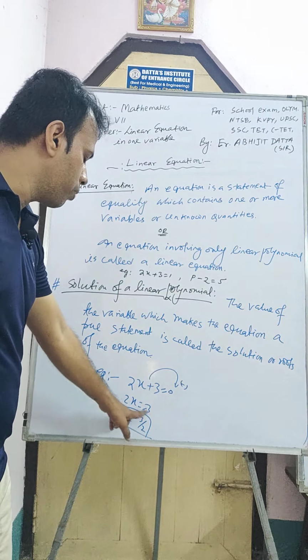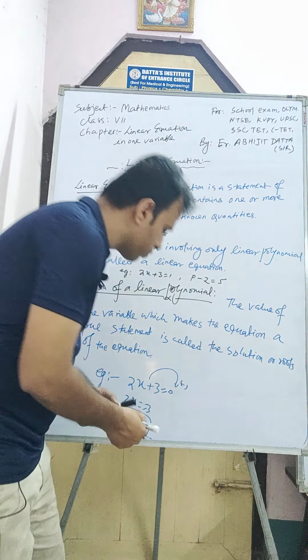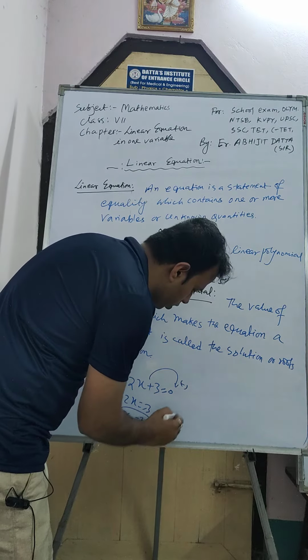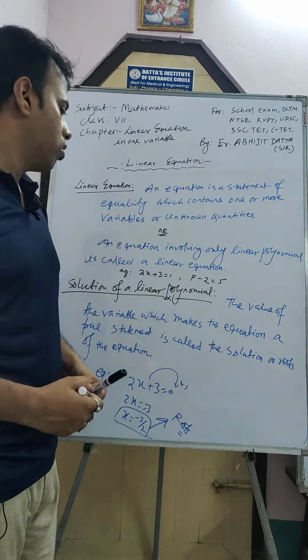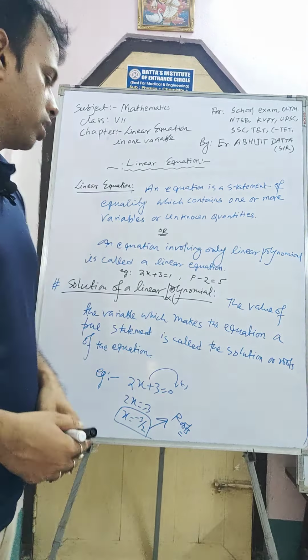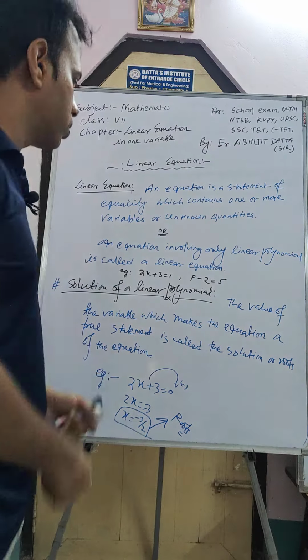So 2x equal to minus 3, that is, x equal to minus 3 by 2. So minus 3 by 2 is the root. This is known as the root of the equation or solution of the equation. You have to remember this one.